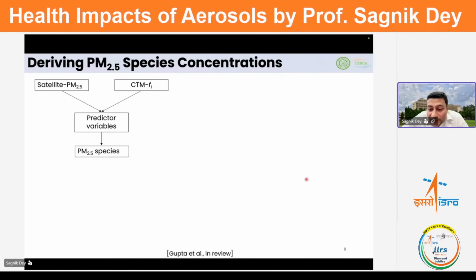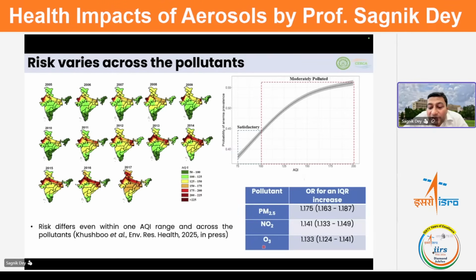Now, here we are talking about multiple pollutants, but within PM 2.5, as aerosol scientists, you know that PM 2.5 composition can vary. PM 2.5 can have black carbon, organics, secondary inorganics like sulfate, nitrate, ammonium, dust, and many other things. Most of the epidemiological studies so far have focused on PM as a mass.